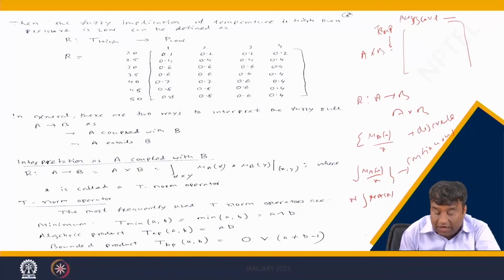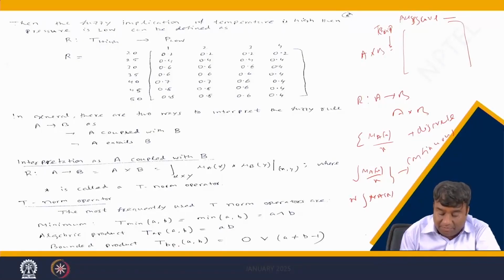The most frequently used T-norm operators are minimum, so T minimum (A, B), the minimum of membership values of A and B. Algebraic product T_AP(A, B) is A into B.